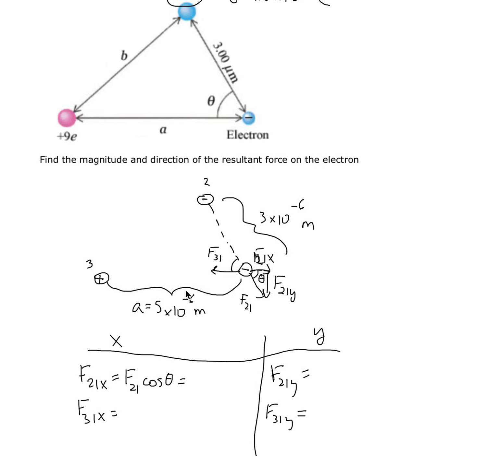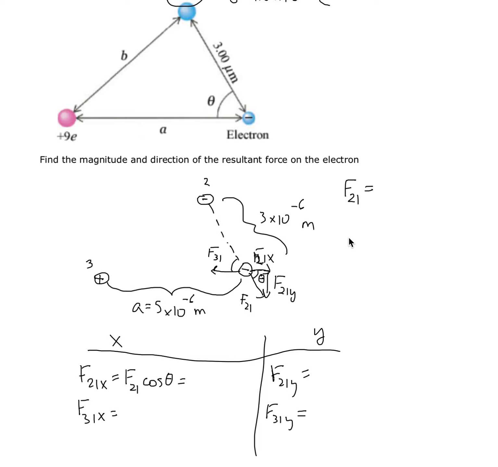Actually, let's back up a second. We forgot to solve for F21 and F31. Let's do that on the side. We should do that before we find the x and y components. So F21 is the force between the 8e charge over here and the electron.